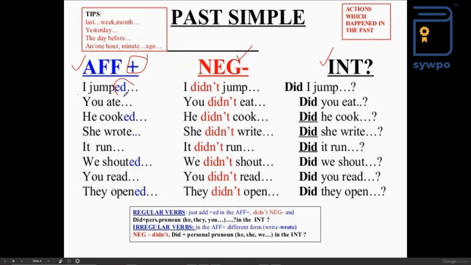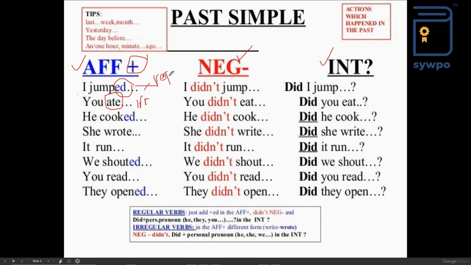So you notice I told you that most of the time the verbs will be in second form and they will have ed at the end. That means we have written this in past tense, but some verbs will not have ed. You ate. So here you see ate doesn't have ed. This is your irregular verb and this is your regular verb.